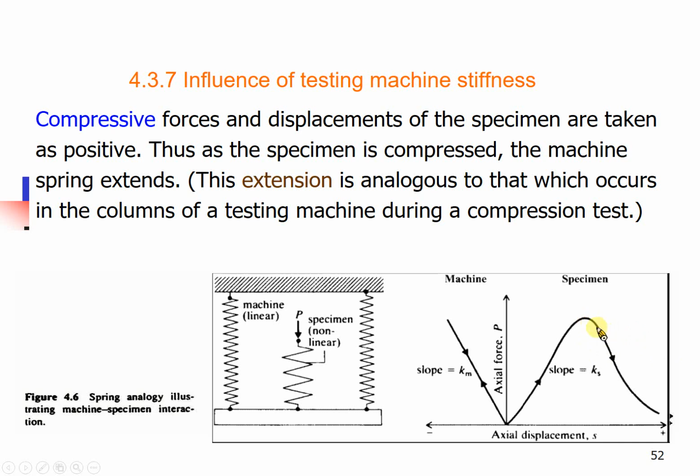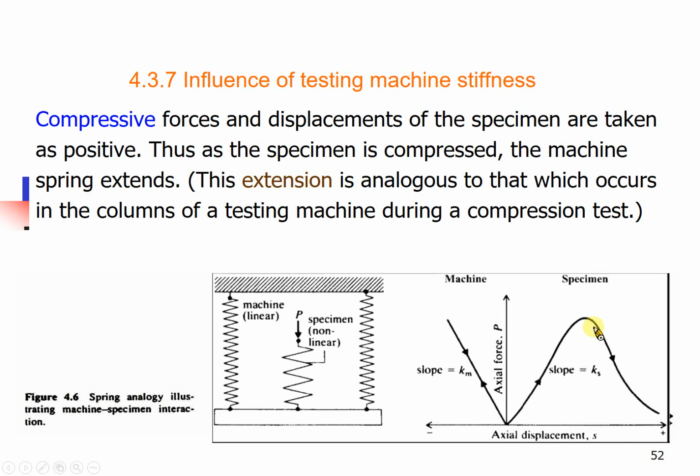The stress that can be sustained by the specimen will drop. For example, from here, if this is 100 and it drops to 90, the strength will drop from 100 to 90. For your machine, it will be the same thing.